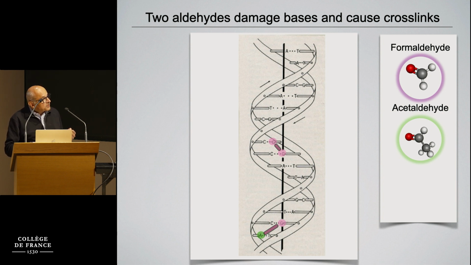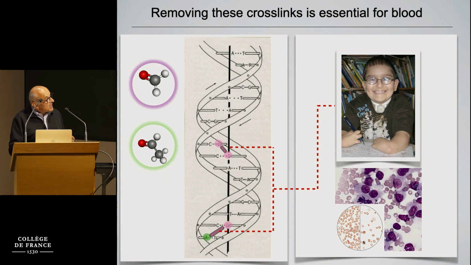Well, we know that they cause a characteristic lesion on DNA, which is to glue the two strands of DNA together. These are known as strand crosslinks, inter and intra-strand crosslinks. We also know that actually this is happening all the time in our cells because there's a repair system devoted to removing them.